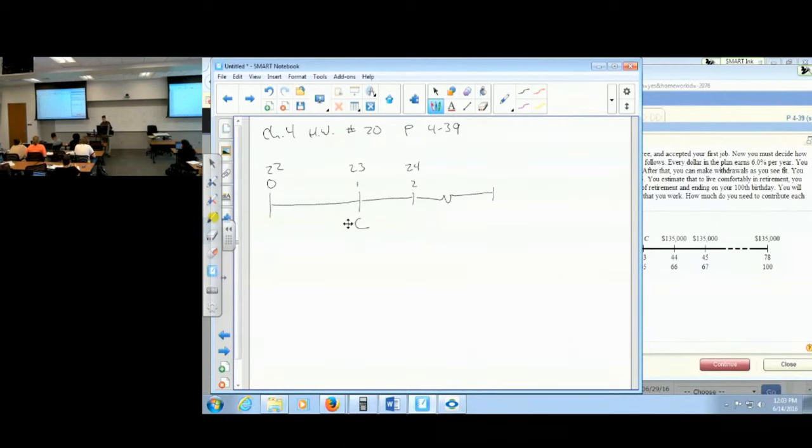We're going to do that up to age 65, which is 43 years from now. We're going to make 43 total deposits into this thing. And then we're going to start making withdrawals on our 66th birthday. We're going to run that out to age 100, starting to receive $135,000 per year.